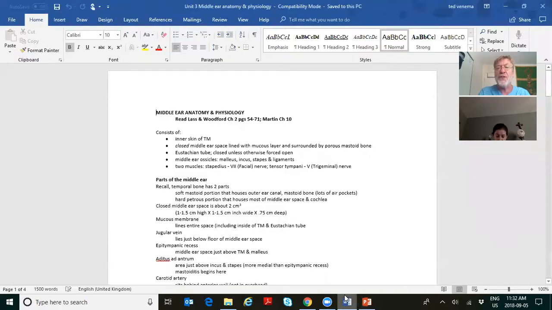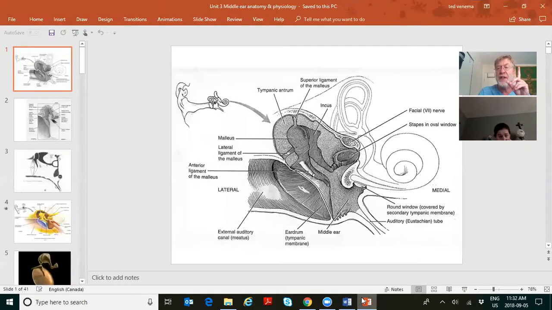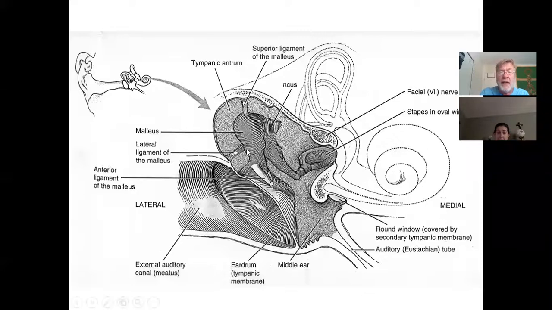Looking at our notes, the pieces of the middle ear consist of the inner skin of the tympanic membrane. Now recall from last time, here's your tympanic membrane, and it has 3 layers to it we covered before, okay? It has the inner layer, the outer layer, and there's a middle layer.